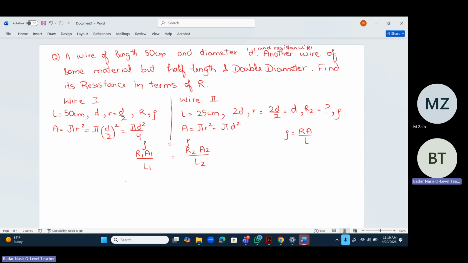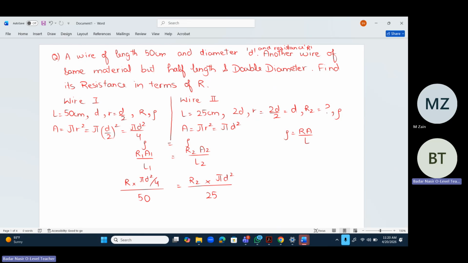Now R1 is R, A1 is pi D square over 4, whole divided by L1 which is 50. R2 is to be found. A2 is pi D square, whole divided by the length which is 25.